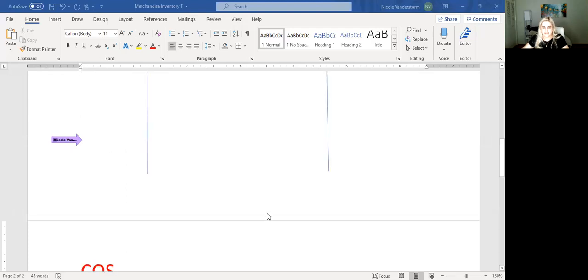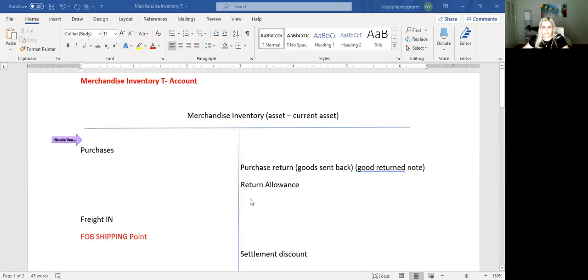Your cost of sales is calculated using the amount of inventory at its cost that gets credited to the merchandise inventory account when an item is sold. Okay?